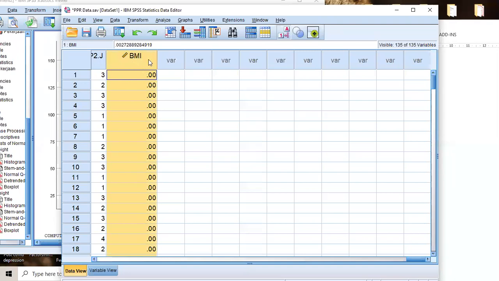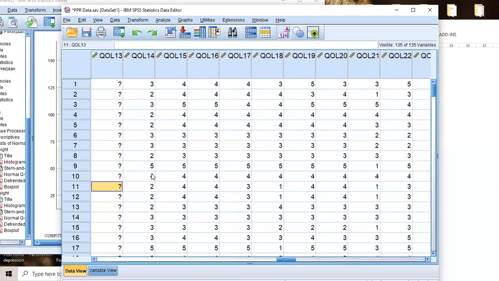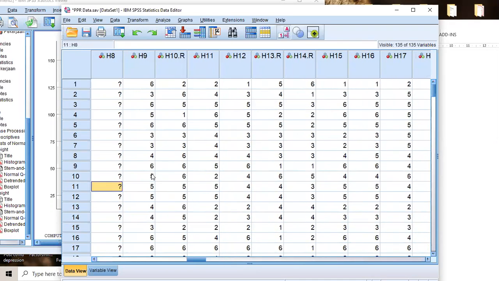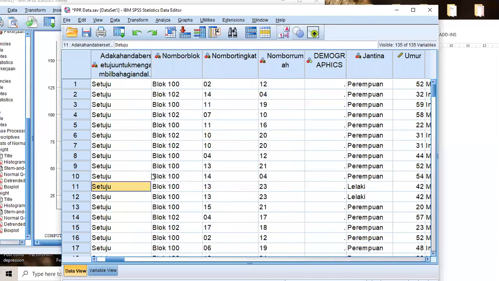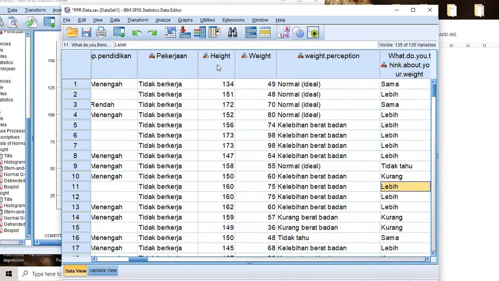Is there a mistake we made here? The height was in centimeters, right? So shall we change the height to meters first? All right. So that's the height variable. I'm going to change this to meters first.